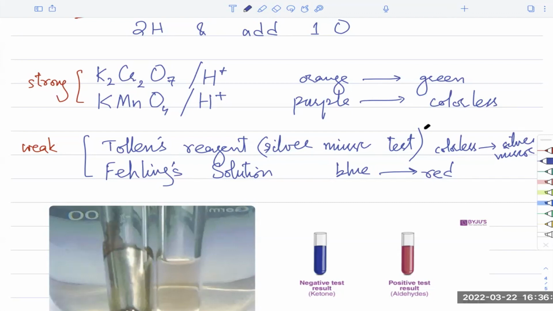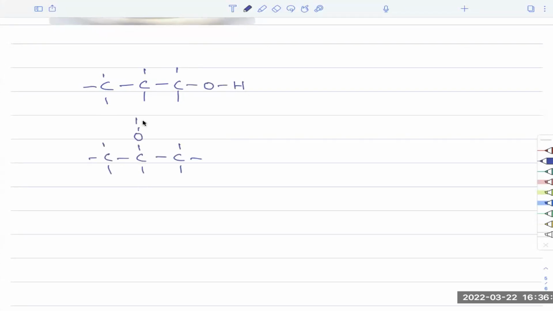Now, let's look at how oxidation happens in alcohols. Now, for that, we have to understand how alcohols are classified. So we know that alcohols can be primary, secondary, or tertiary. So let's suppose I have the alcohol propan-1-ol, I have propan-2-ol, and I have 2-methylpropan-2-ol.